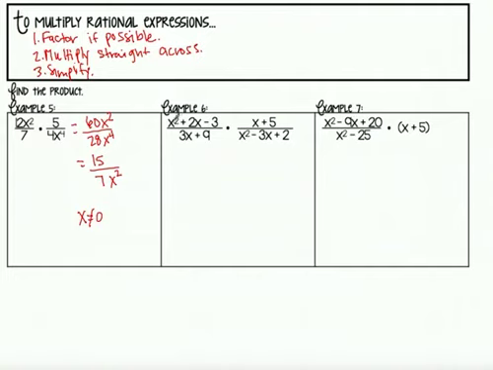On example 6, x squared plus 2x minus 3 over 3x plus 9 times x plus 5 over x squared minus 3x plus 2. I'm going to need to factor the top and the bottom if possible. So I'm going to start with x squared plus 2x minus 3, and I'm going to do the star method. So a is 1, b is 2, and c is negative 3.